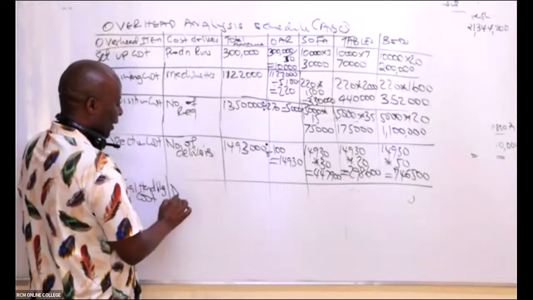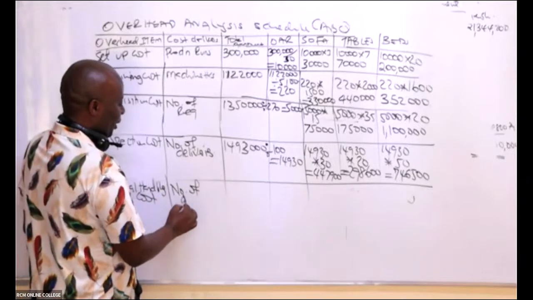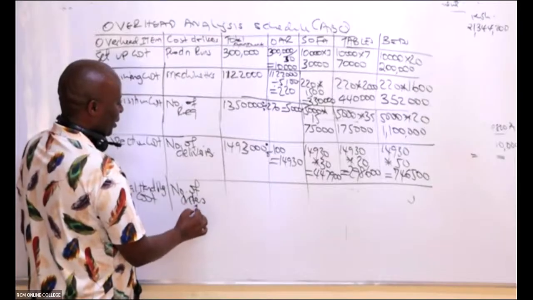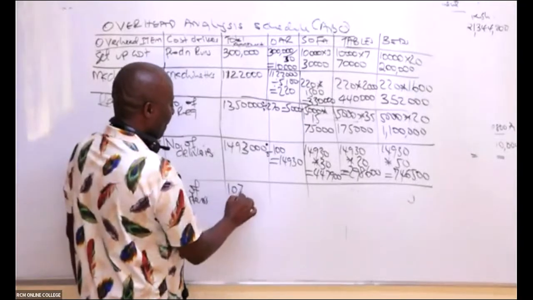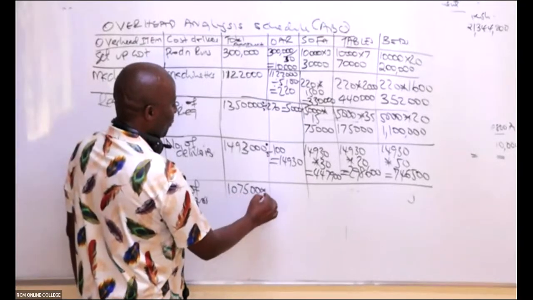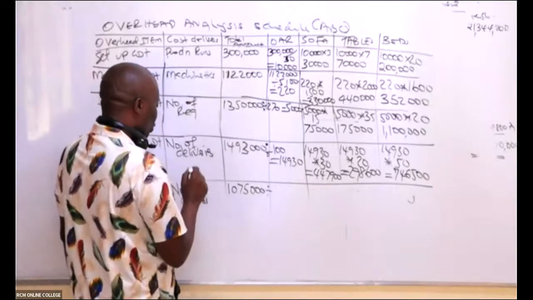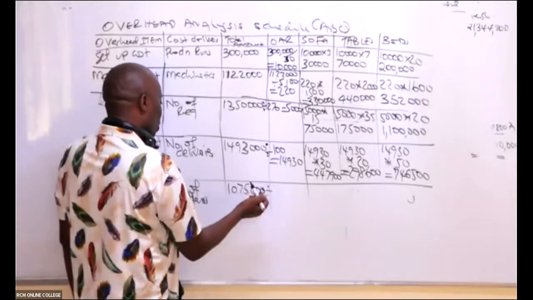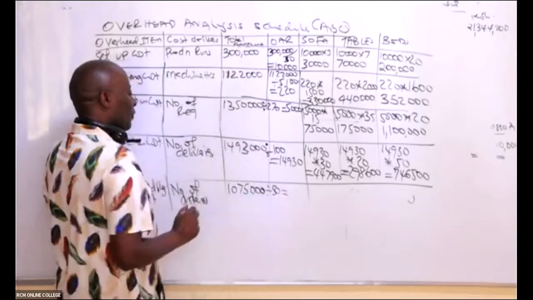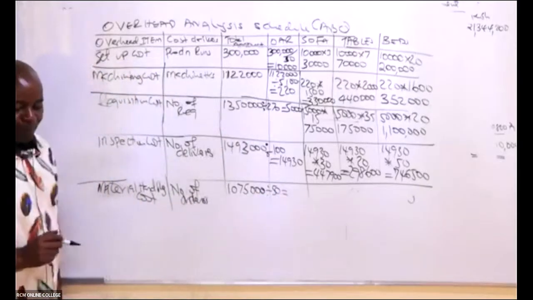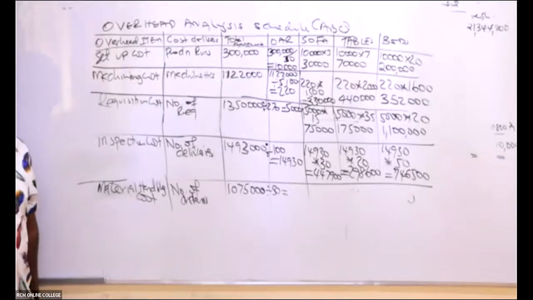Number of orders executed. Divided by the total number of orders, how many orders do we have in total? 50, which will then give us the OAR.